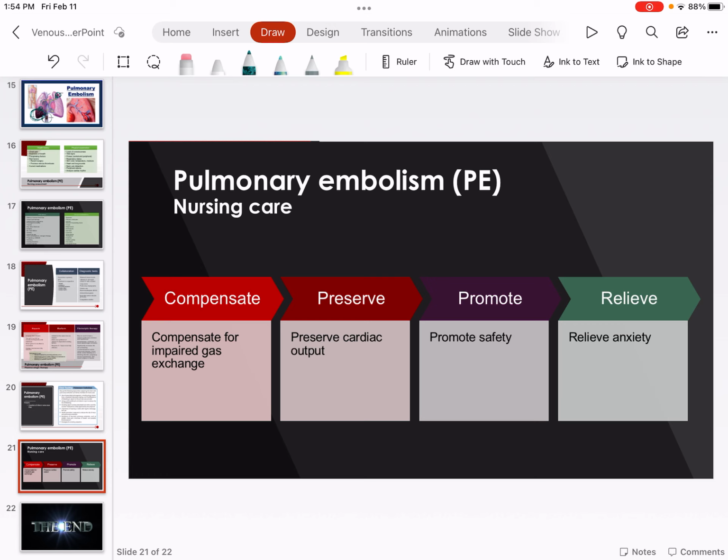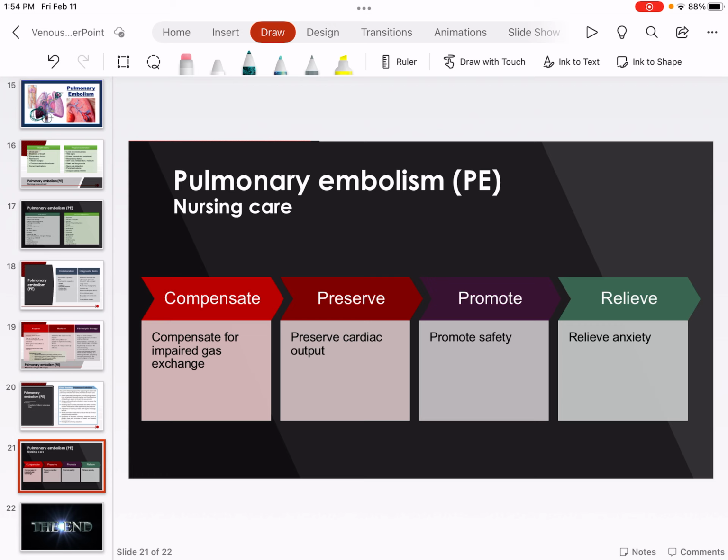So auscultate their heart sounds, assess their skin color and temperature, monitor their cardiac rhythm, administer medications, monitor pressures, vein distension, edema, maintain IV access sites, instruct on symptom reporting, and then promote safety.